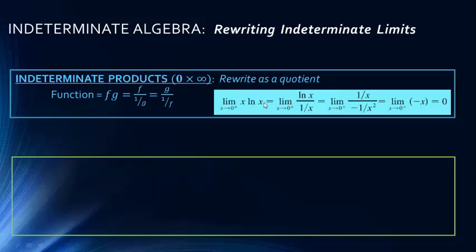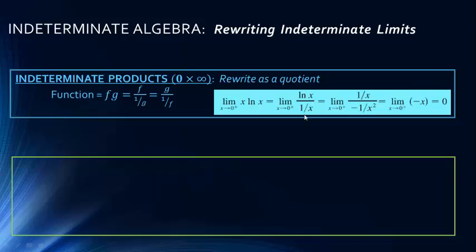It has to be a really large negative exponent so that it's becoming a fraction value. So if we rewrite this as the log of x divided by 1 over the other term, 1 over x, notice now we have the natural log of x as x goes to 0 is negative infinity, and 1 over x is also going to infinity.